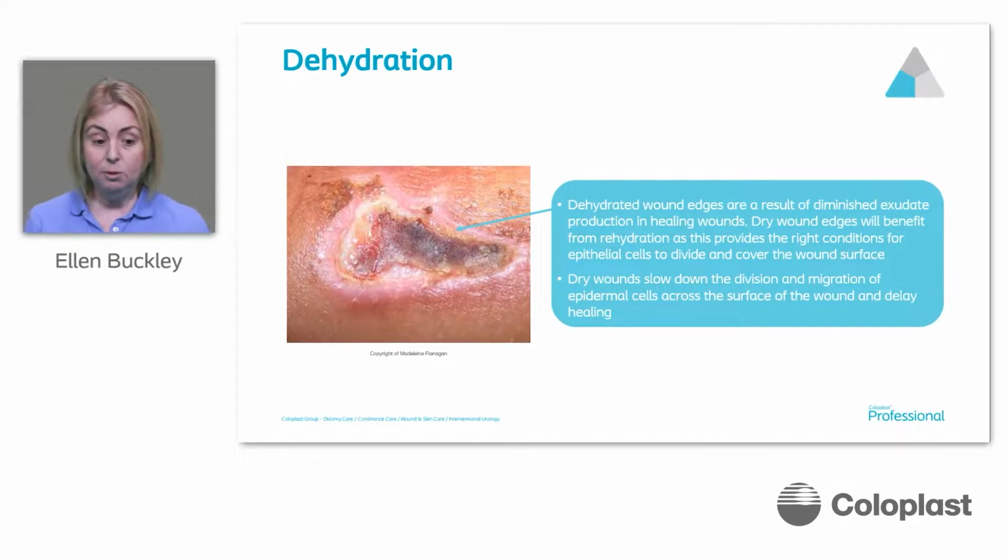Firstly, with this wound we'd need to debride, get rid of that devitalised tissue before we can have a think about epithelial migration. But once we've got rid of that devitalised tissue, through a process of adding some moisture to it perhaps, we will hopefully have a wound edge that's at the right level of moisture for that healing to take place.